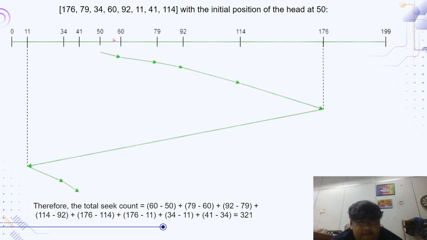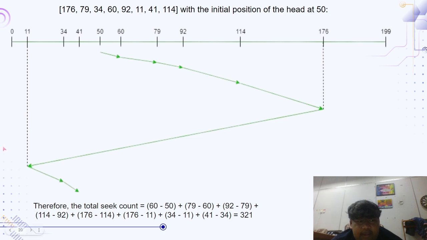So we start at point 50, and after that it is going to be 60 because of the sequence, then 79, 92, 114, and then 176. But after that, we need to go back to 11 because there are no other numbers bigger than 176.